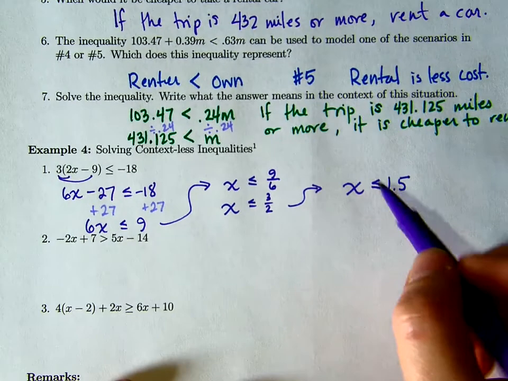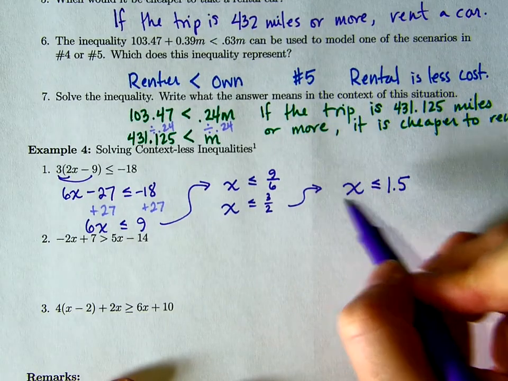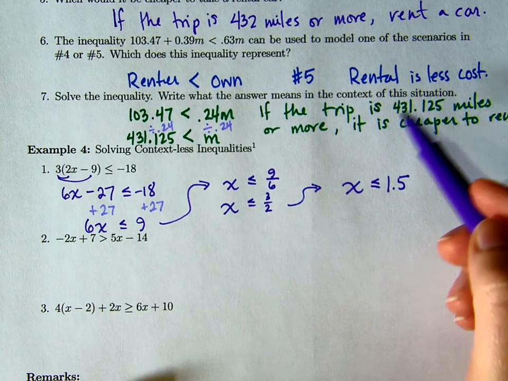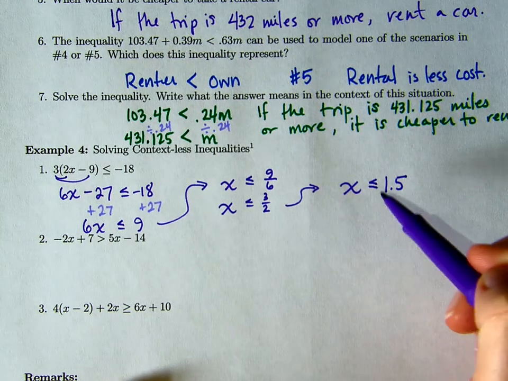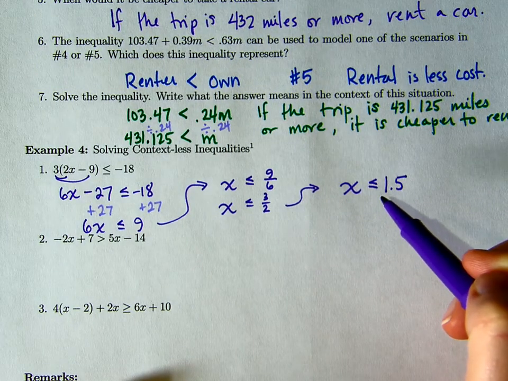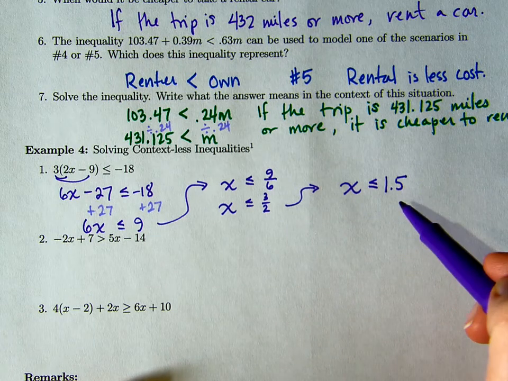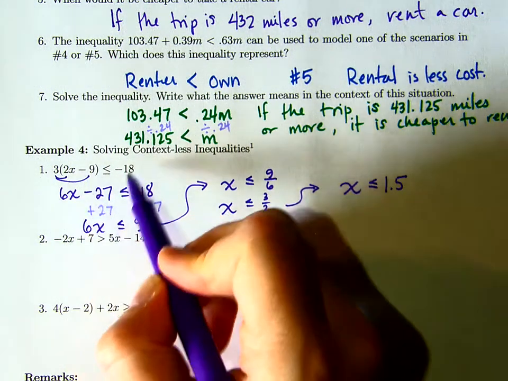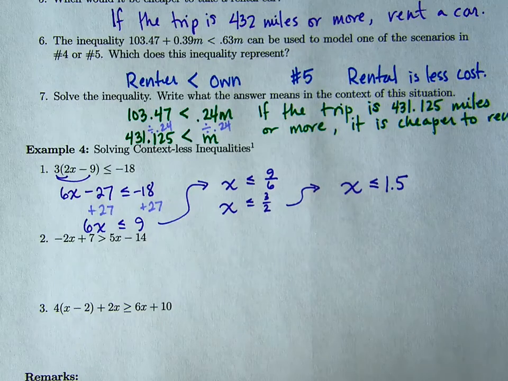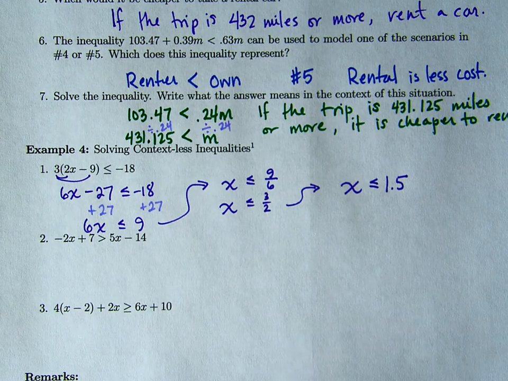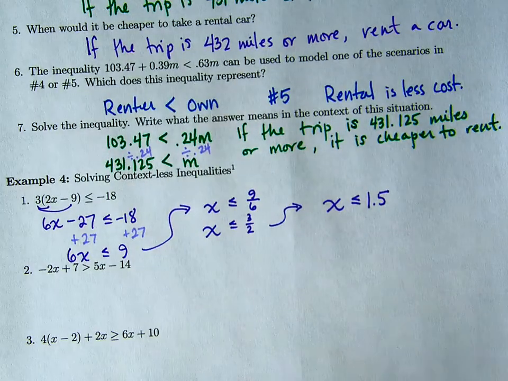So if our x values are less than or equal to 1.5, then this original inequality will be true. Got it. Next. One down, on to the next.